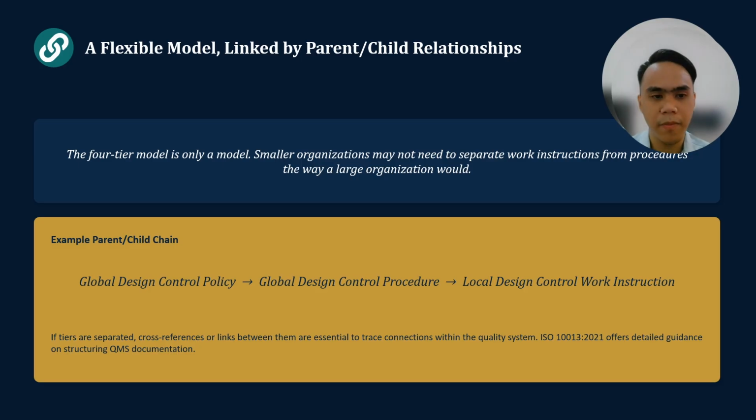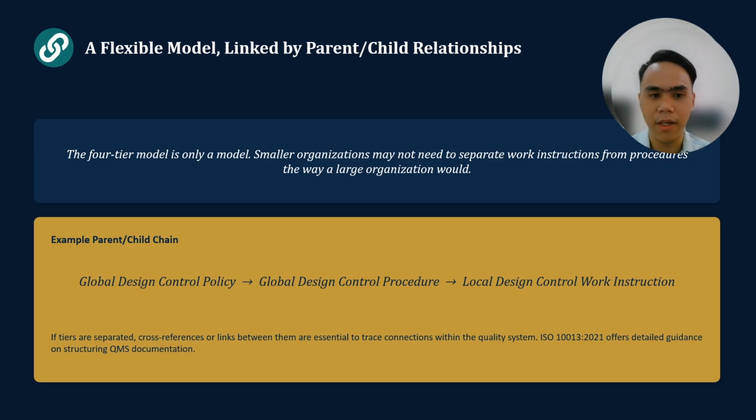That policy may be its own separate document, or it may simply be contained within the quality manual. So there's a three-link chain: policy to procedure to work instruction, each one the parent of the level below it. Without maintaining a traceable chain, it becomes very difficult to answer basic audit questions like which policy a specific work instruction actually supports.